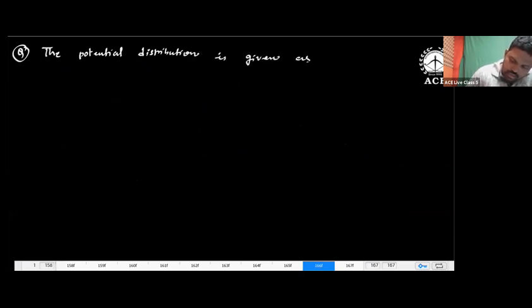Okay, beta. The potential distribution is given as V is equal to 10 to the power of 4 plus 20x cube.